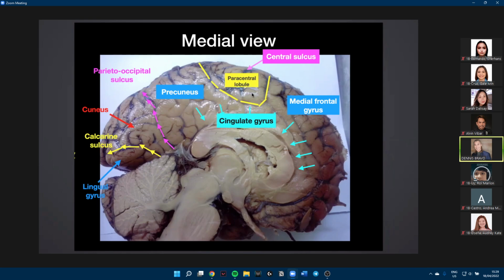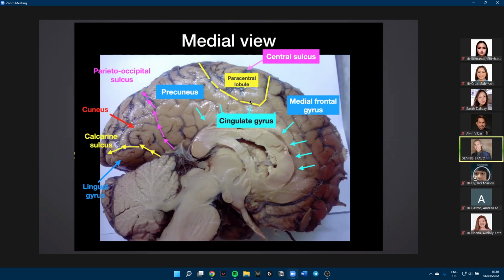It is separated from the rest of the parietal lobe and the frontal lobe by this sulcus. We call it the marginal sulcus. And anteriorly, this is known as the paracentral sulcus. We'll go back to this marginal sulcus in a little while.